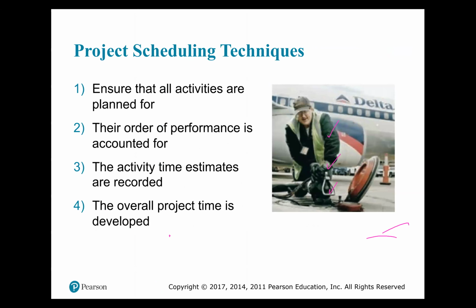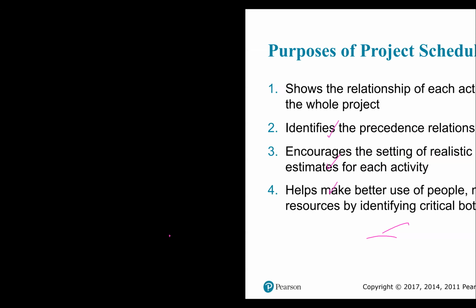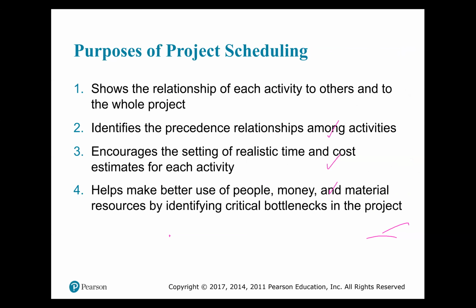Now, we have techniques that we use to schedule projects, right? And these techniques are used to ensure that all activities are planned for, that their order of performance is accounted for, that the activity time estimates are recorded, and that the overall project time is developed. Now, the purposes of project scheduling are to show the relationship of each activity to others and to the whole project.